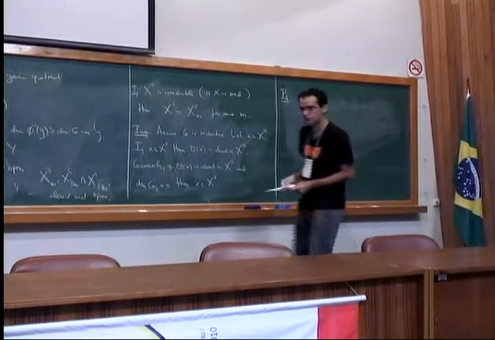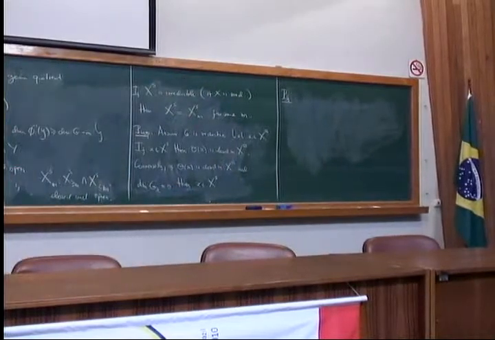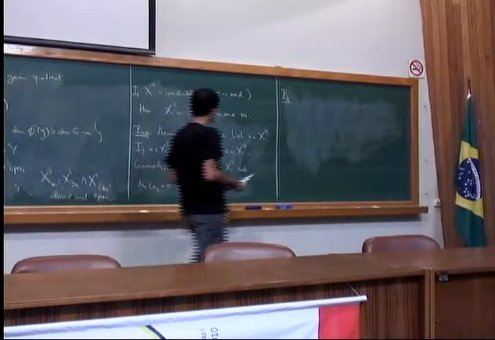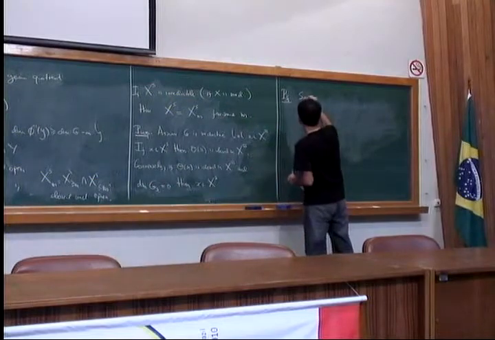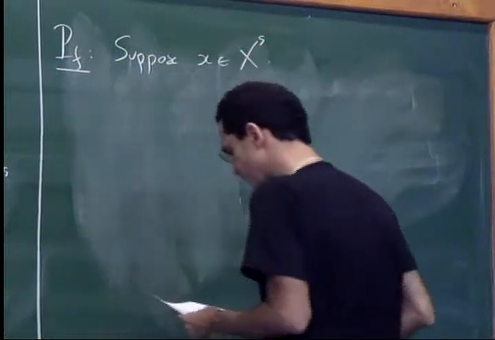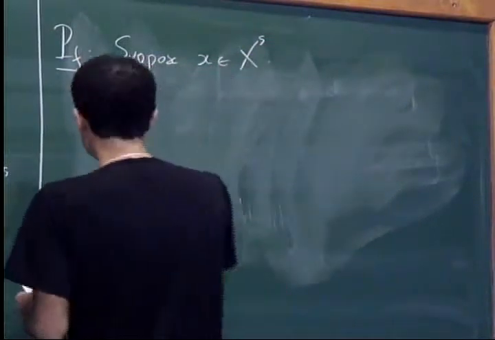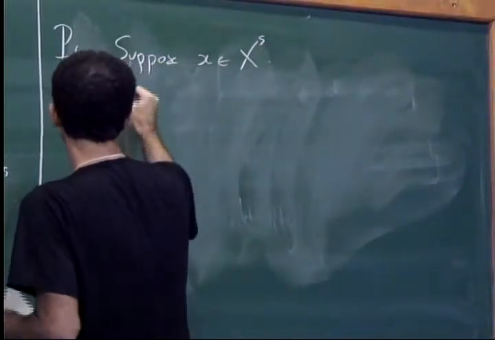But let's put this together. So let's prove the first statement. So suppose that I have a point in the stable locus. Then we have the definition.